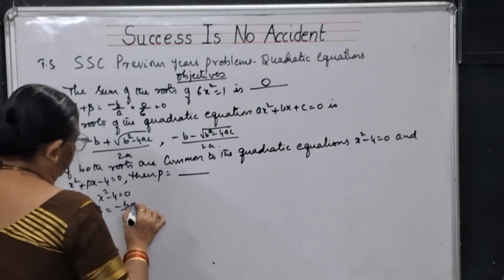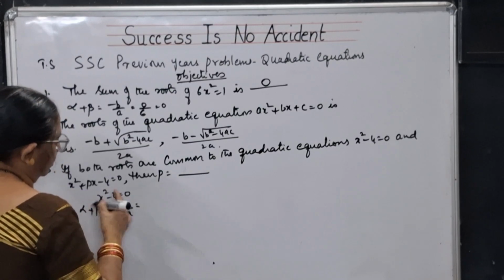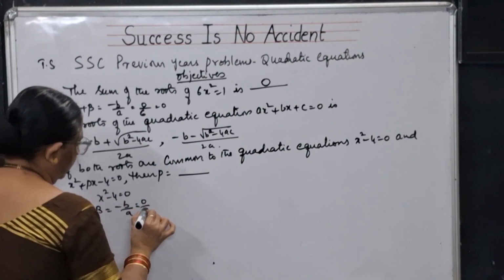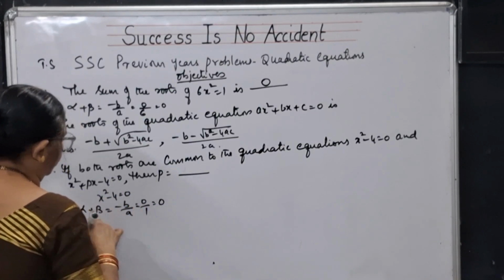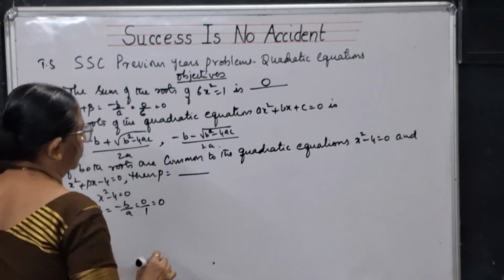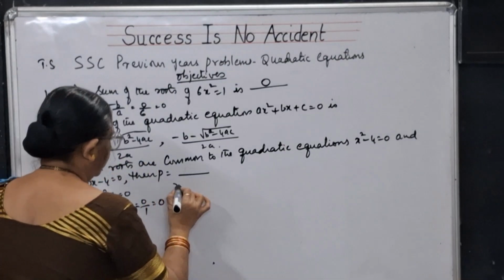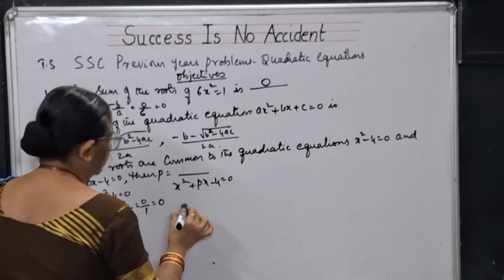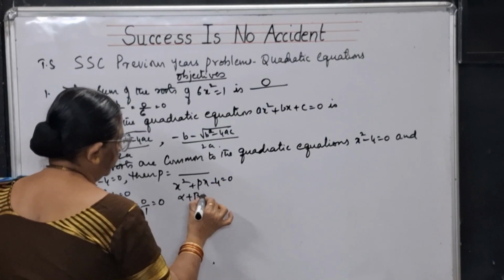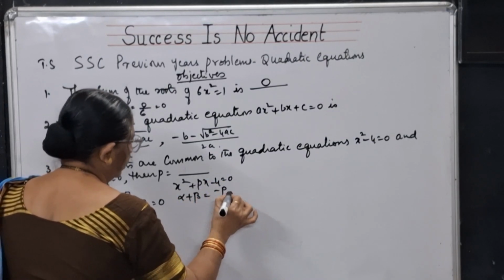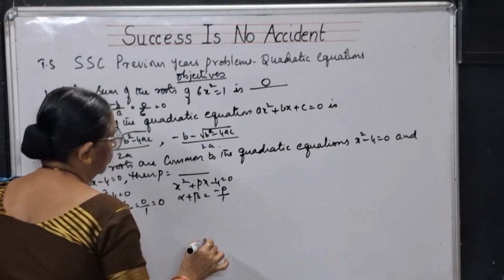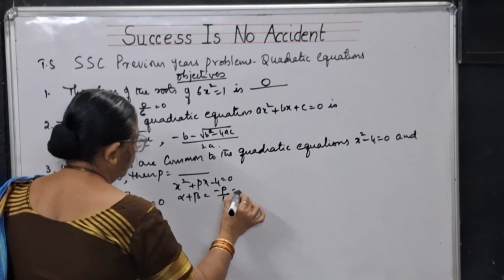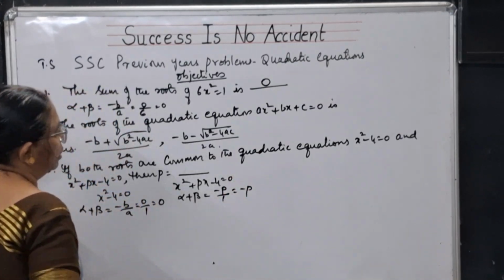Here there is no b, so 0 by a, which is 1, is equal to 0. You are getting 0 for this equation. And another one, x square plus px minus 4 is equal to 0. Here alpha plus beta is minus b by a, that is minus p by 1. So you are getting minus p.